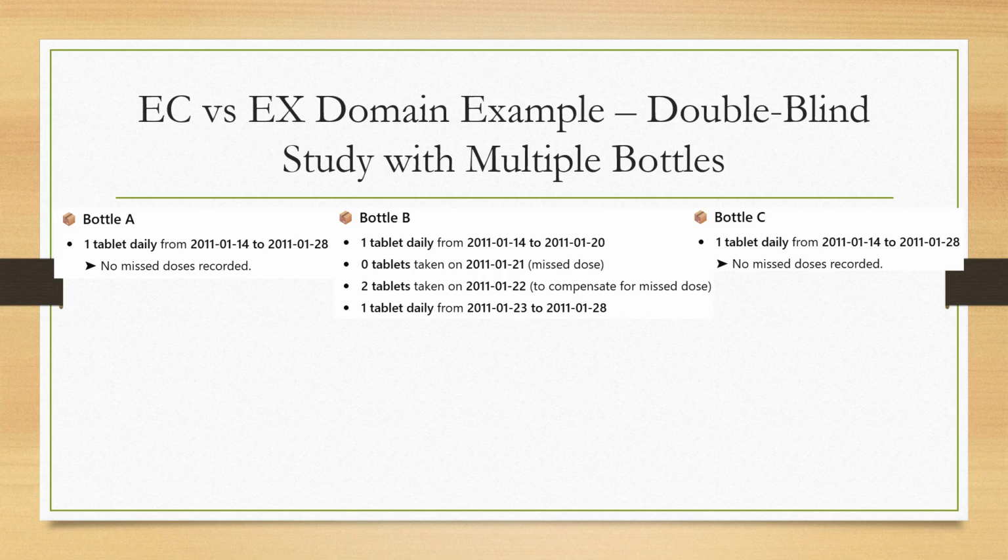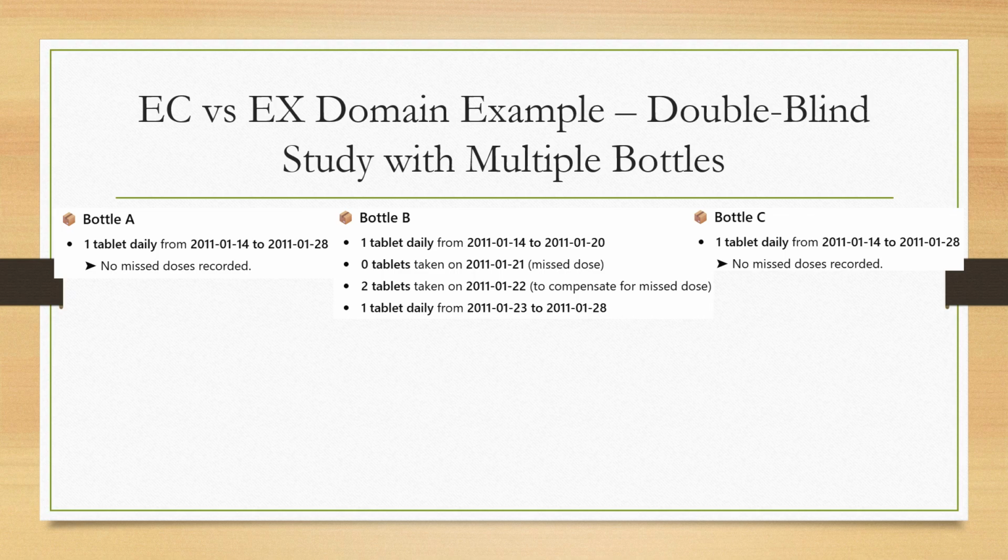That is, from 14th of January till 28th of January, the subject took one tablet each from bottle A and bottle C. But for bottle B, the subject took one tablet daily from 14th of January to 20th of January, but missed the bottle B tablet on 21st of January, and on 22nd of January, the subject took two tablets instead of one.